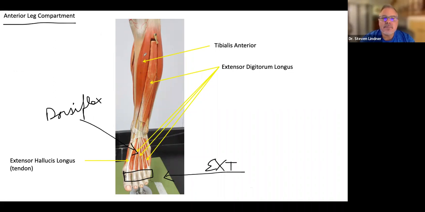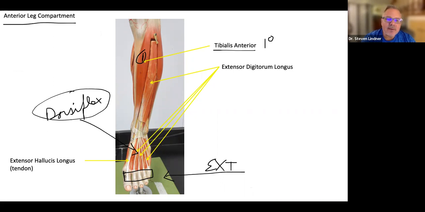The most medial muscle, number one right here, is the tibialis anterior. And the tibialis anterior is your primary foot or ankle dorsiflexor. You can see that it originates on the anterior tibia.